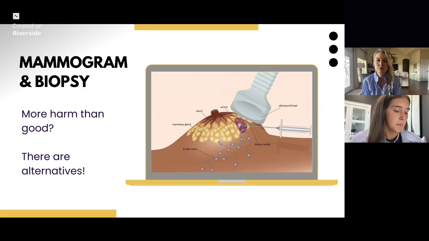So, it goes into that as a different alternative, and that can actually detect cancer in hot spots before the cancer has even formed, without the harmful radiation. In my opinion, it does a better job at detecting the issue because it all starts with inflammation or a hot spot. So it can detect that long before it ever forms into something more serious.